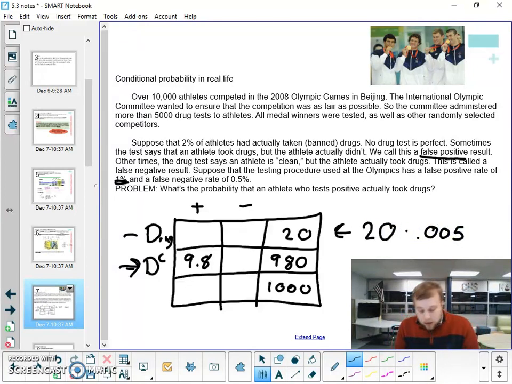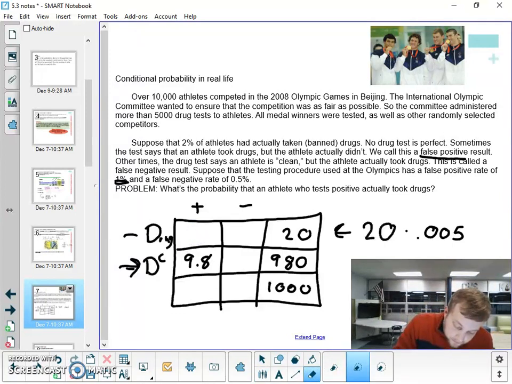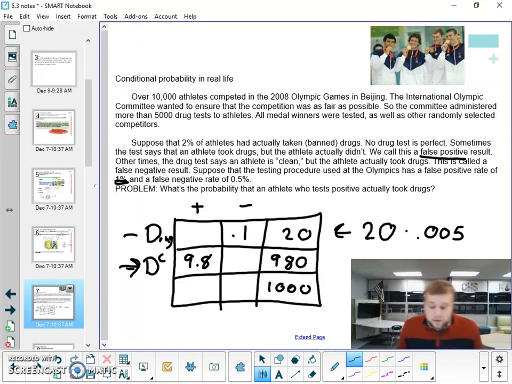Don't forget those couple zeros. So 20 times 0.005. And I get 0.1 here. Wait, no. I'm sorry. My mistake. It would be 0.1 here. Right? Because they take drugs, so they should get a positive, but they actually get a negative, all right? And then we can fill out the rest of the chart, okay?